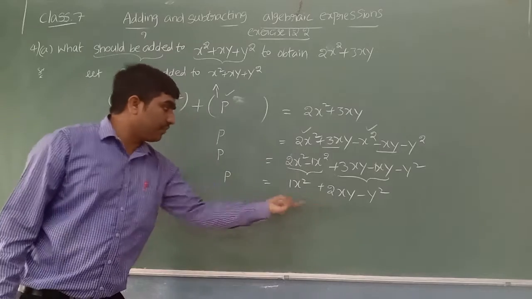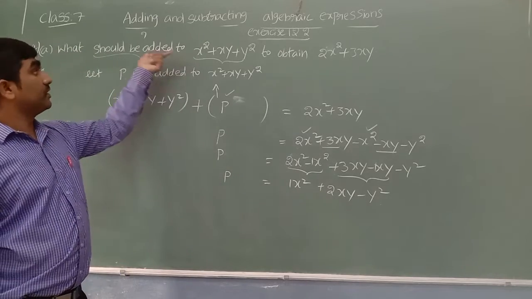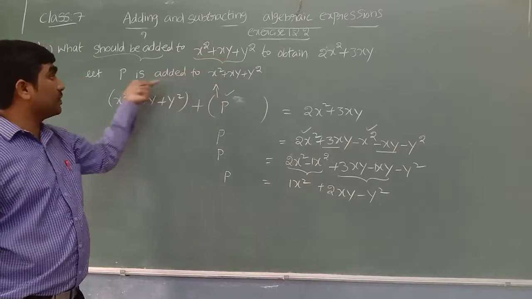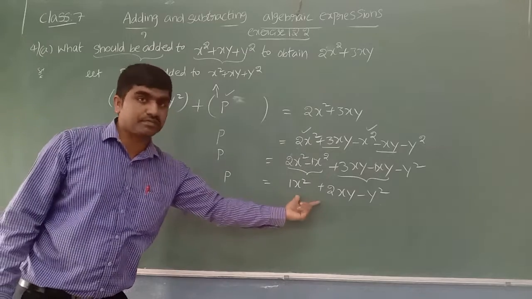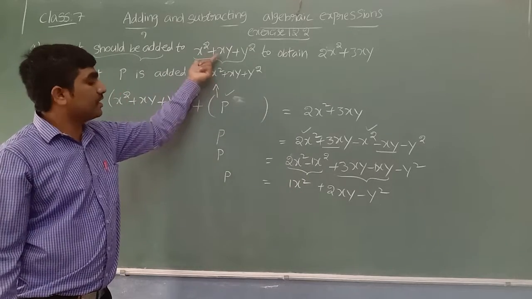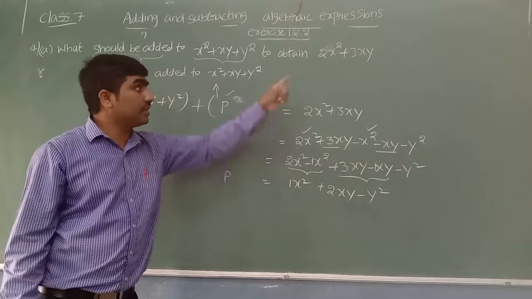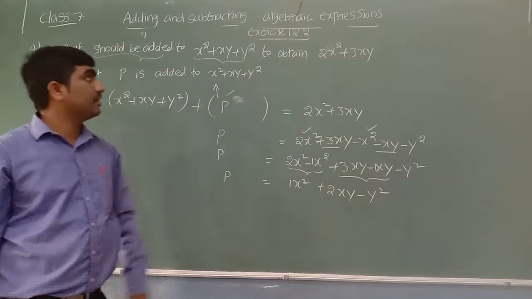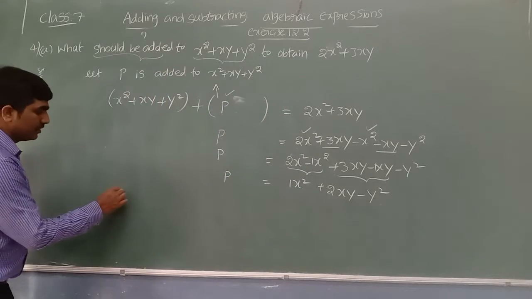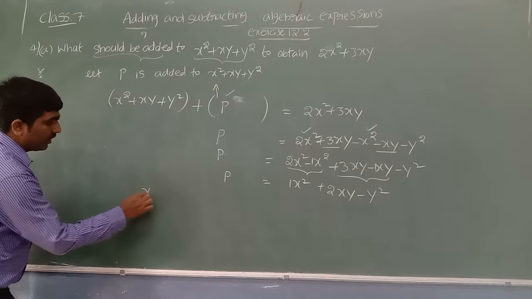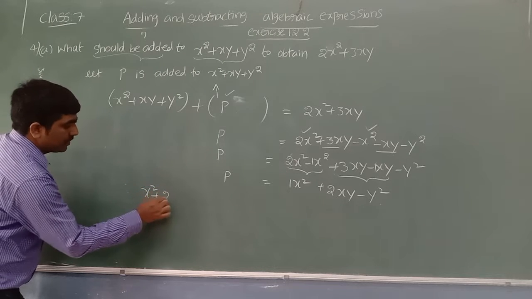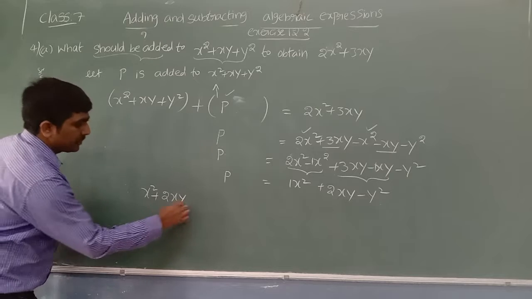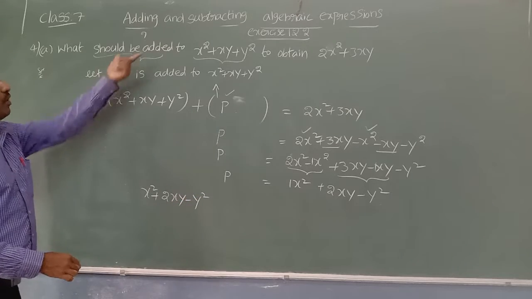So this is the value of p. It means for the given algebraic expression, what we need to add, p, is nothing but this one. For the given algebraic expression, we need to add this so that the result will be 2x square plus 3xy. Therefore, x square plus 2xy minus y square should be added.